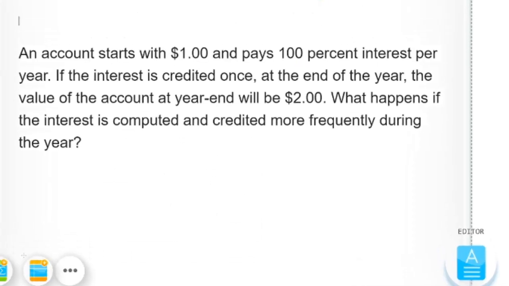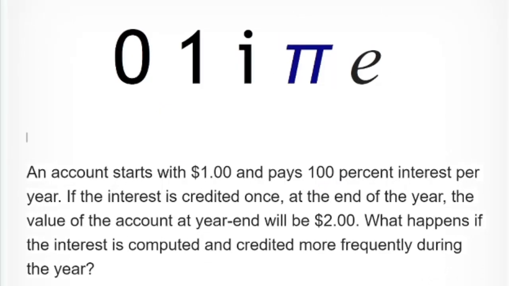That's because Jacob Bernoulli observed that if someone had given out a loan for $1 or 1 unit of money in those days, and he charged 100% interest rate per year, if the interest was only paid once in a year, at the end of that year you will get $2 back.